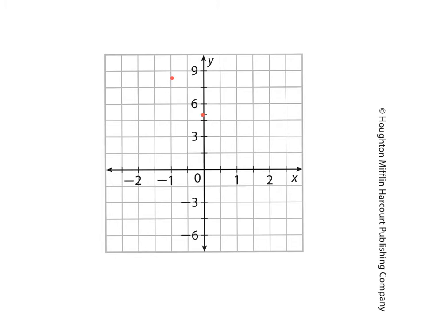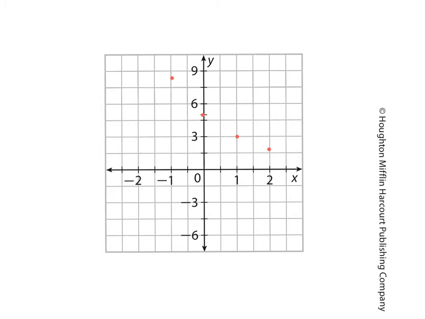At 1, it's 3. At 2, it is 1. Oops, I made a mistake. Here's 1. 1 is at 3, sorry, because they're going by halves here. At 2, it's 1.8. Okay, so 1.8 would be maybe something like, because it's 1.5, maybe like right there. Move that over a little bit. There we go.